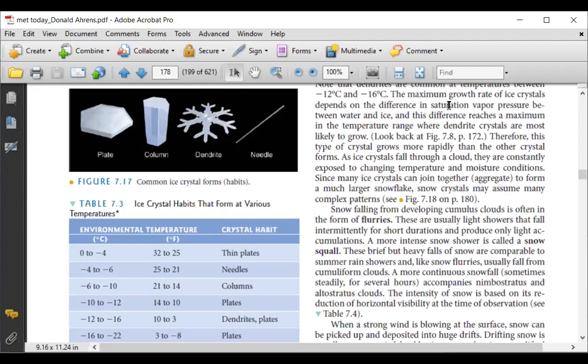In that case, the surroundings of those smaller ice crystals have grown a very thin film of water, and that water has a behavior of attracting others.